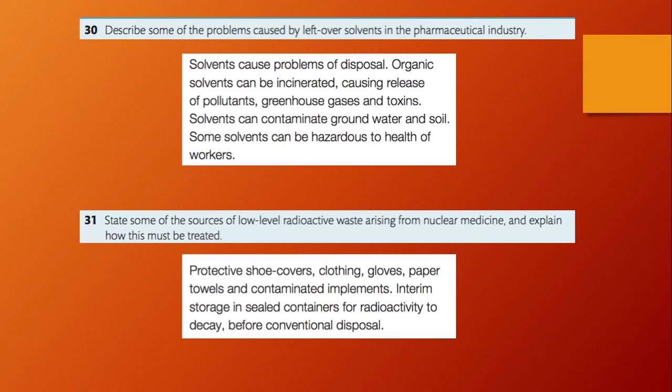These are all from hospitals and other medical facilities. That's low-level waste where the nuclear activity is low and there is a shorter half-life. Interim storage in sealed containers for radioactivity to decay before conventional disposal. So we have to let the nuclear material decay into a non-radioactive material first before disposing of it.